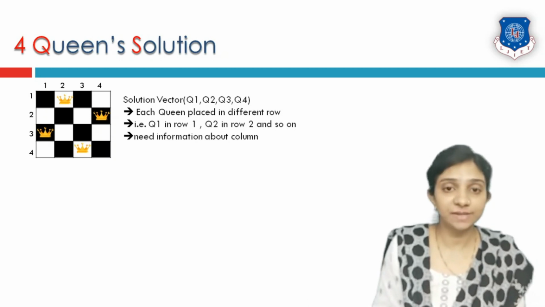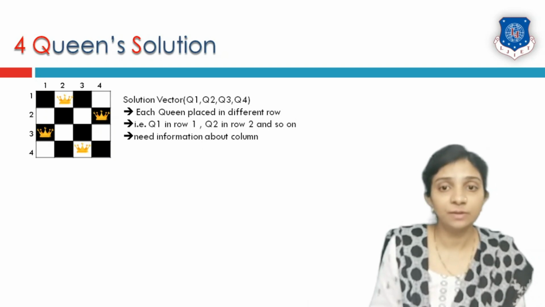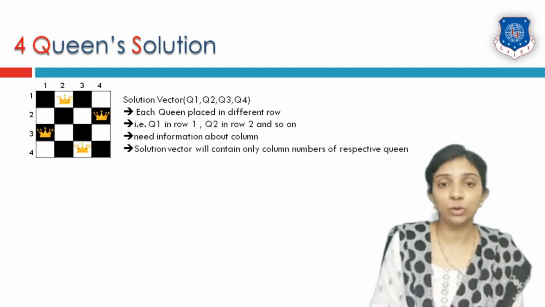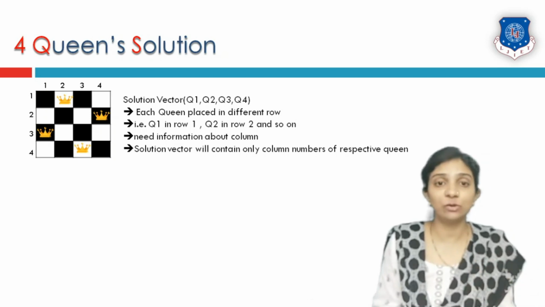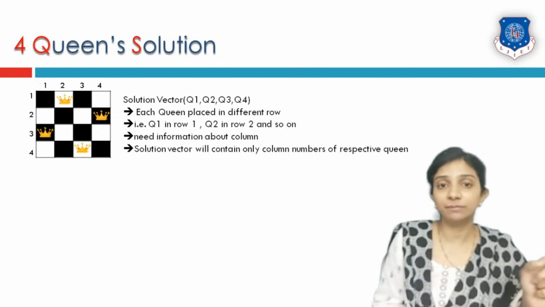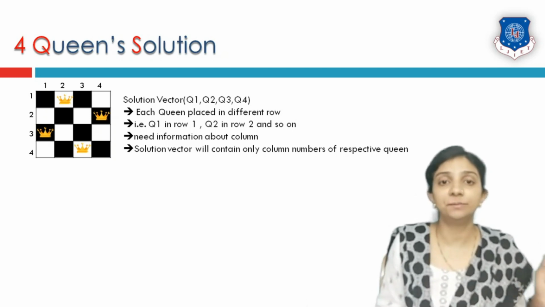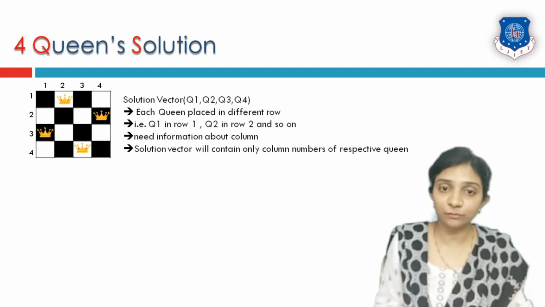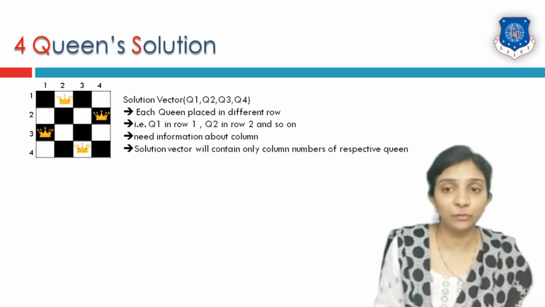Only information that we need is the column number. That is, we are going to write the column number for queen number 1 as the first value. Second value will be the column number of second queen. Third value will be the column number of third queen. And fourth value of the vector will be the column number of fourth queen.